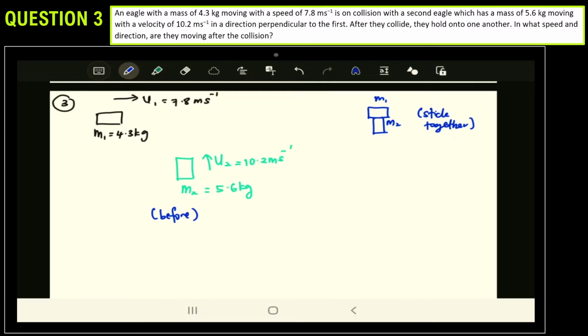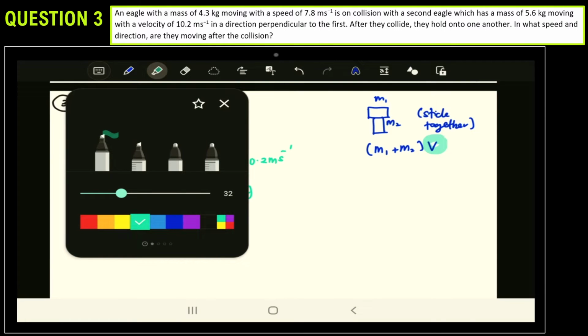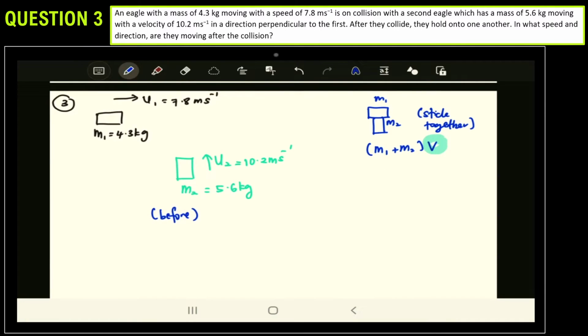Alright, so in what speed and direction are they moving after the collision? I don't know the final speed, but they are moving together, which means there is only one final speed, and the mass will be combined, M1 plus M2, times V. So now I don't know what V is. I'll just circle it. And in what direction? To the left or upward? I don't know.